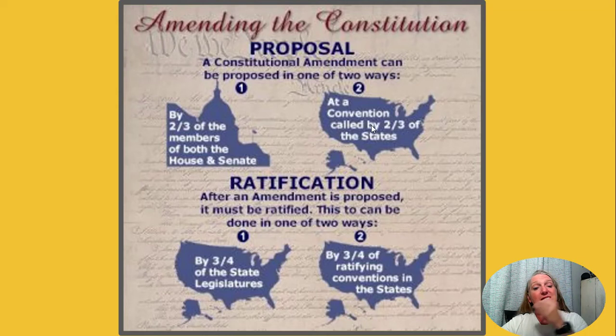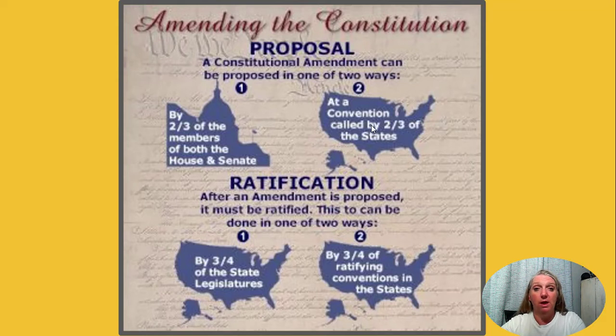And then the second method is a convention called by 2/3 of the states. So if Congress is not listening, the people can ask their states to call for a convention. 2/3 of the states can call for what's known as a constitutional convention to consider an amendment.